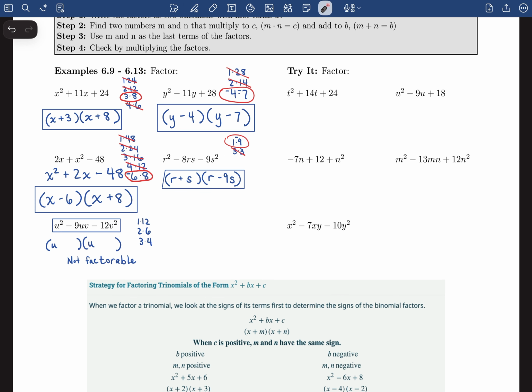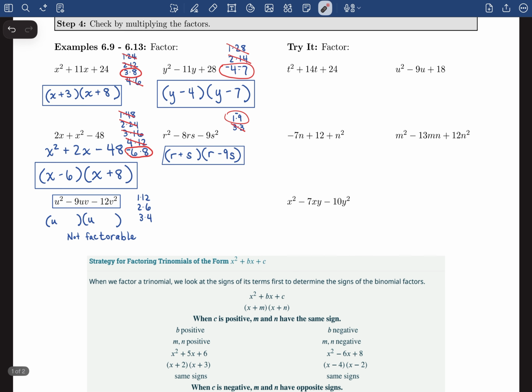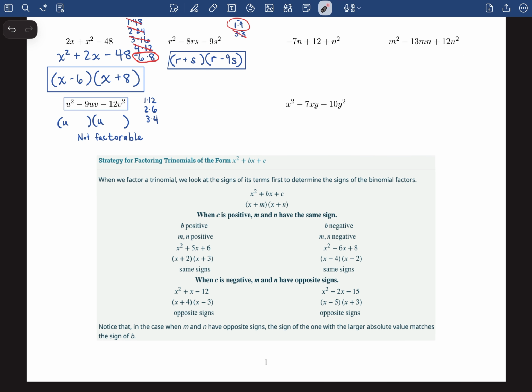So here I have a strategy for factoring these trinomials where you focus on the signs. When C, the constant, is positive, M and N have the same sign. That's an important feature.